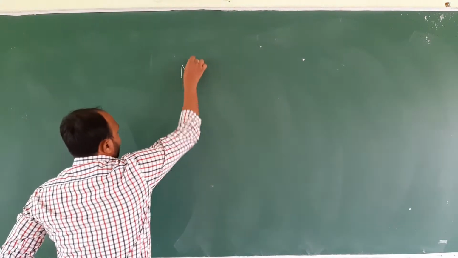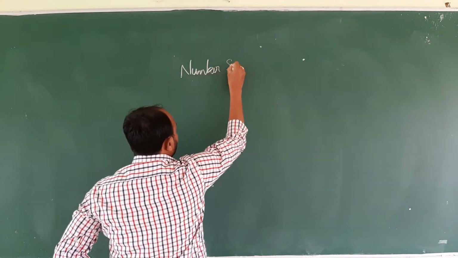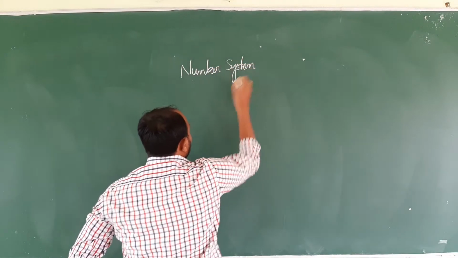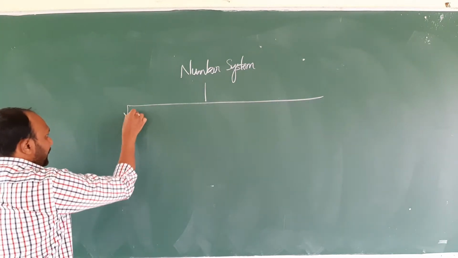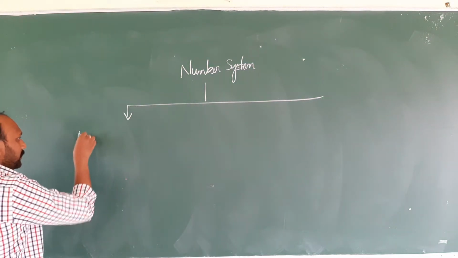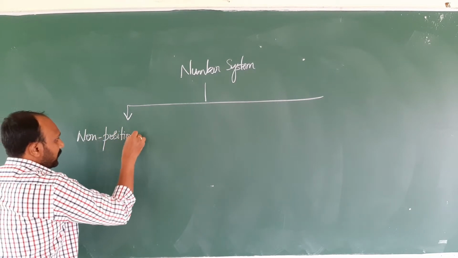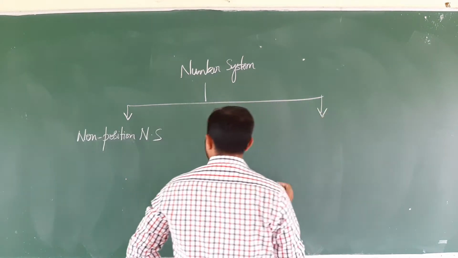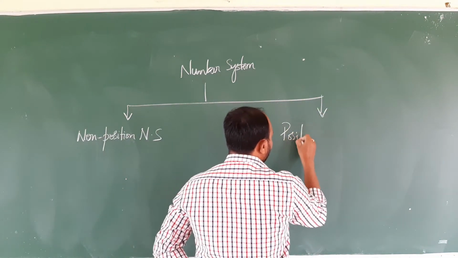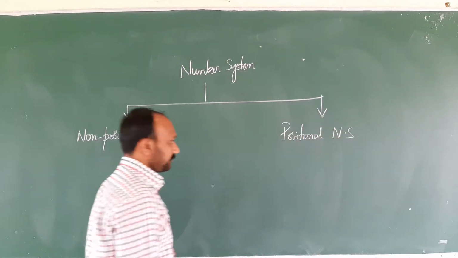But for our discussion sake, the number systems are of two types. I will be considering first non-positional number system, followed by which I will be discussing positional number system.